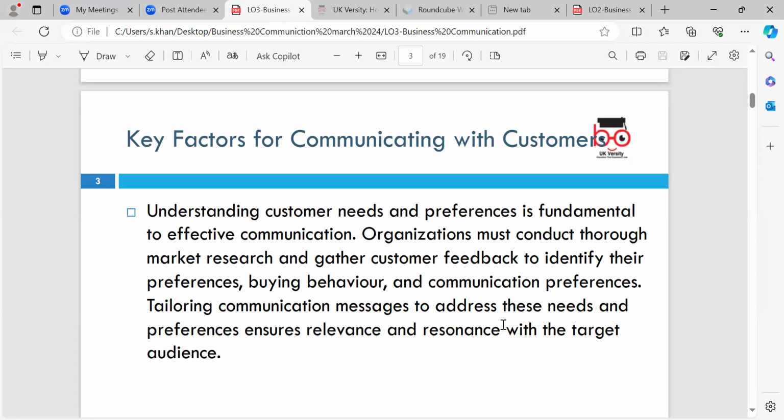Having face-to-face meetings with them, discussing the brand that you are selling, any sort of buying behavior with them, supporting them, but consistently communicating with them allows you to develop a more effective relationship with them.